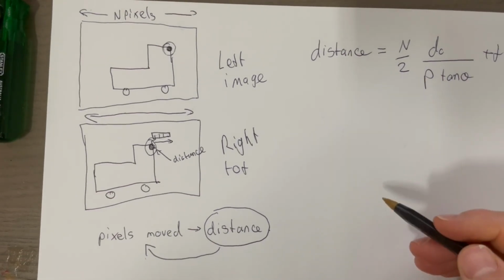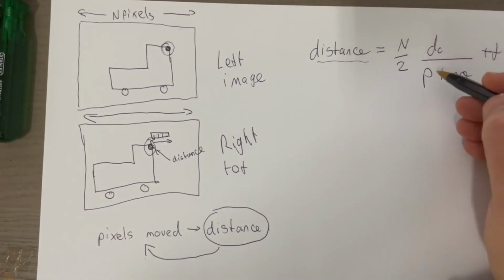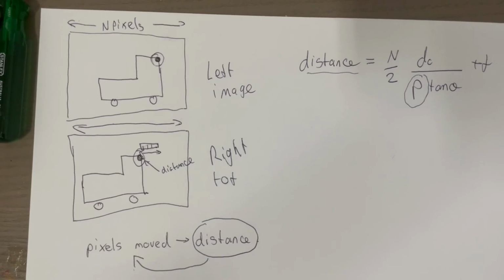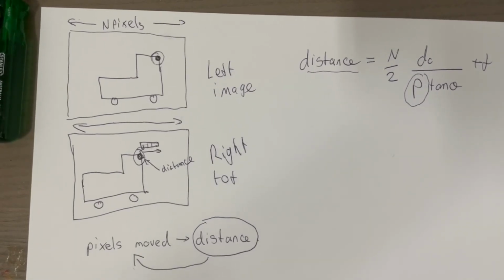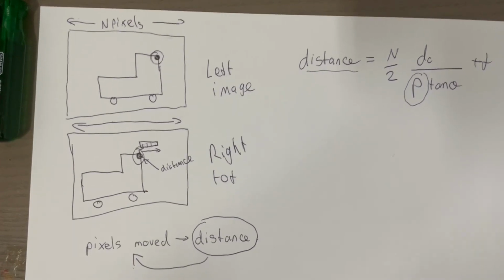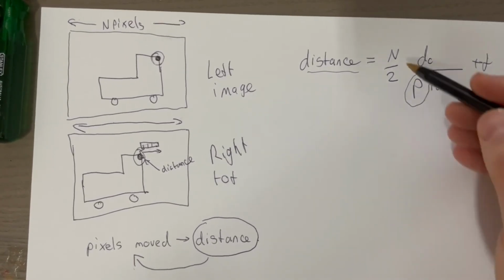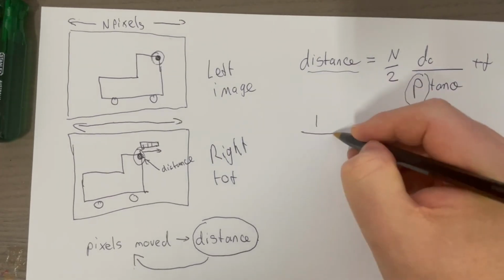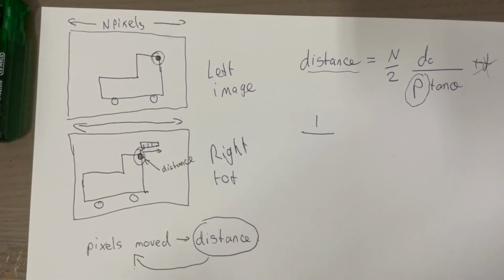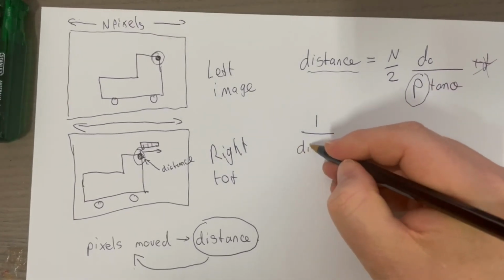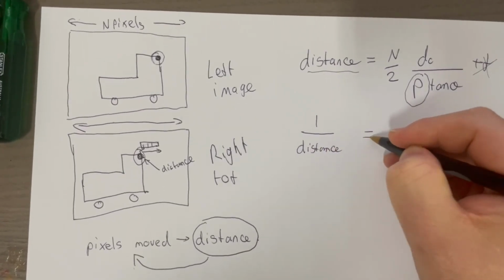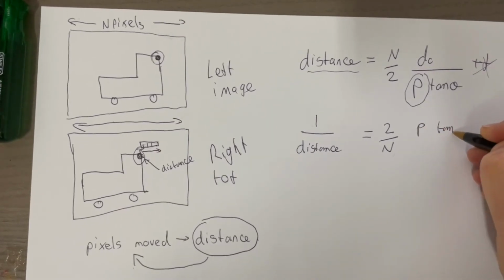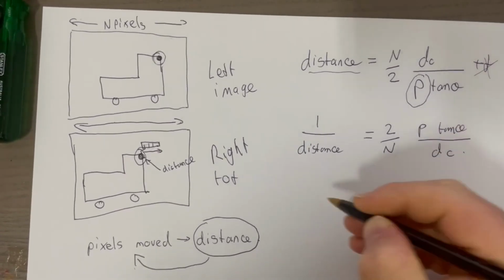So now we know the distance, and what we want is P, because this tells us how far across we're moving our time of flight image to overlay it onto our normal image. This is a pixel count because N and P are both in pixels. So now I'm just going to neglect F, set it to 0 just as an approximation. 1 on distance equals 2 on N, P tan theta on DC.